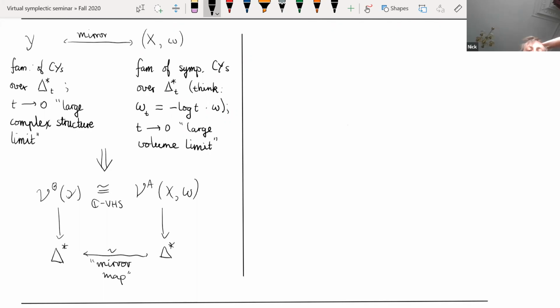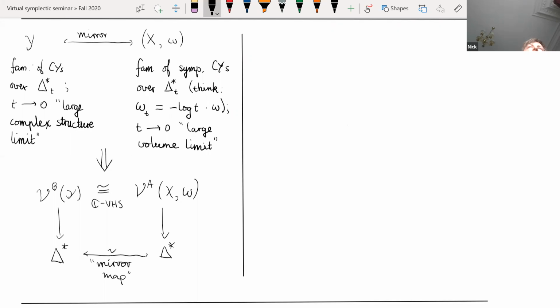Okay, so this version of mirror symmetry is enough for you to extract predictions about genus 0 Gromov-Witten invariants.